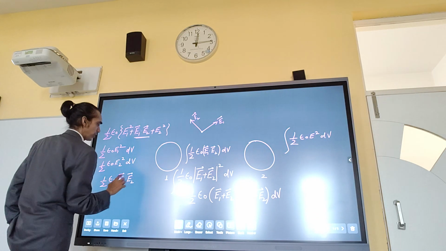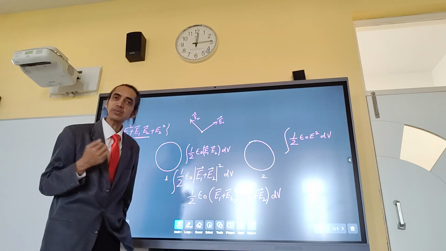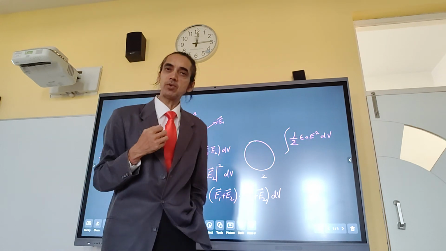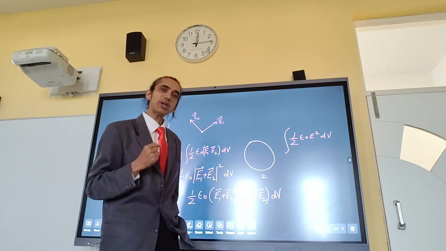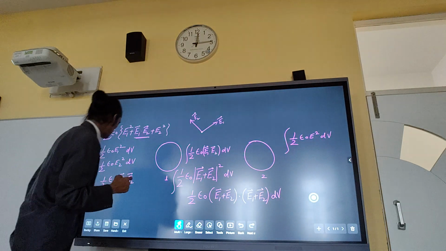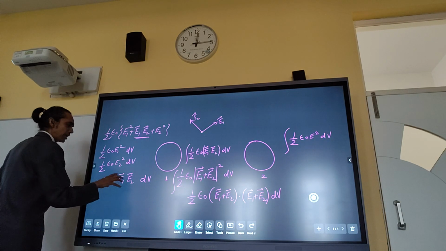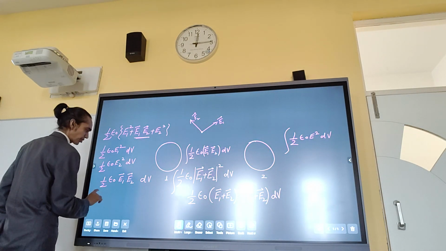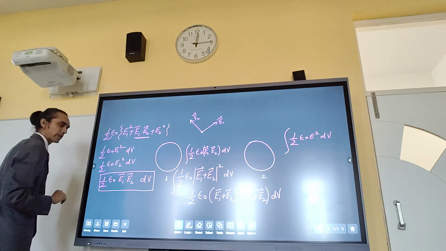If you remove the self energies from the total energy, whatever is left will be called interaction energy. So interaction energy reads half epsilon naught E1 dot E2 into dV. And this is exactly what they have asked.